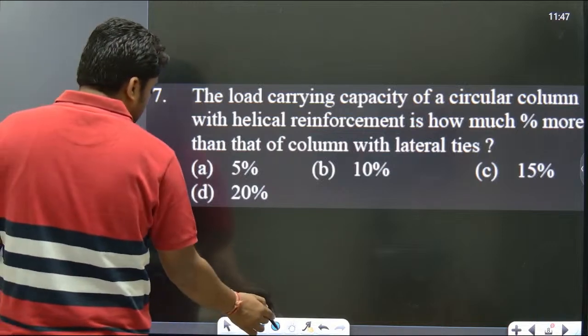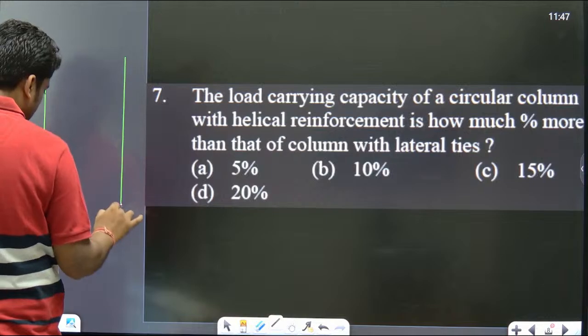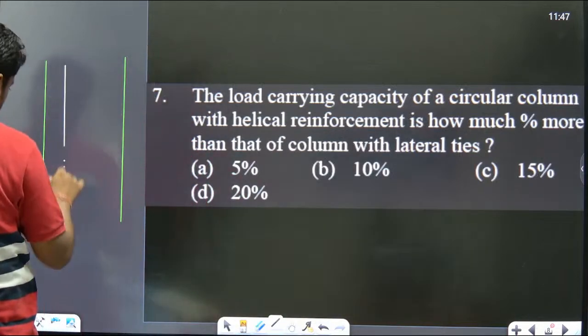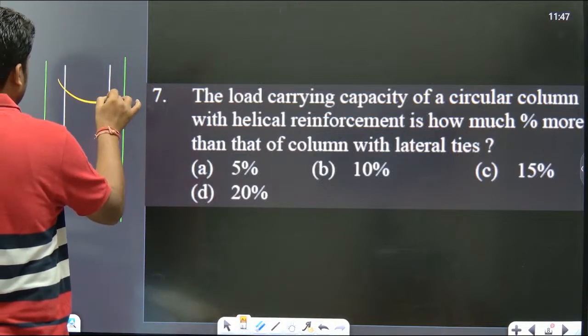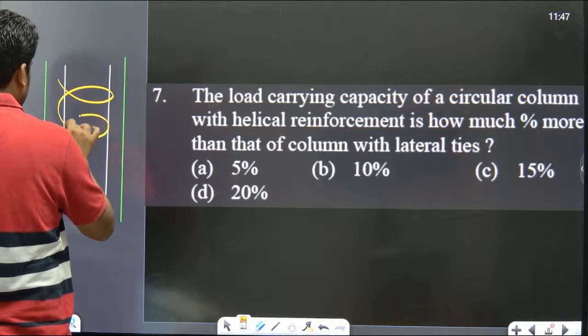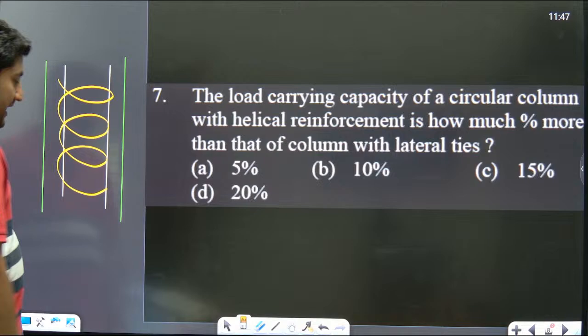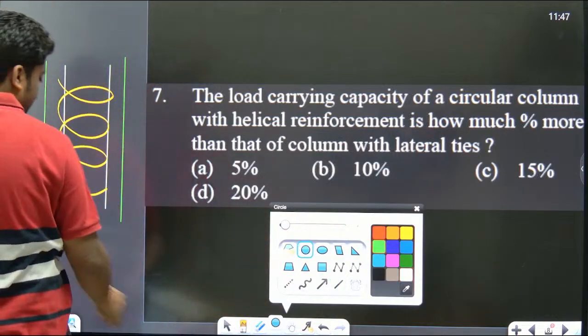Let us suppose this is a circular column. These are the reinforcement. Helical reinforcement means this. This is the helical reinforcement, and whenever you see the top view, it will look like this.